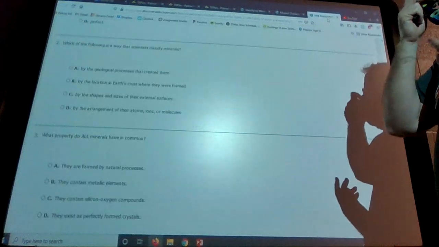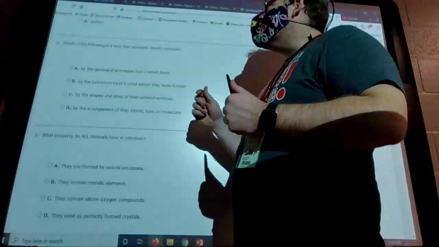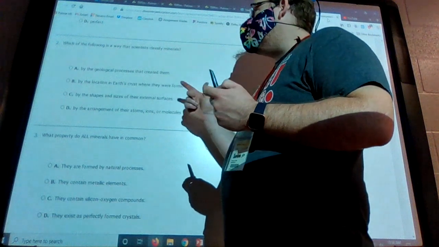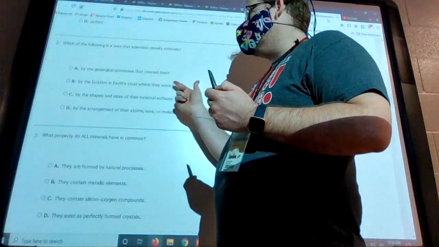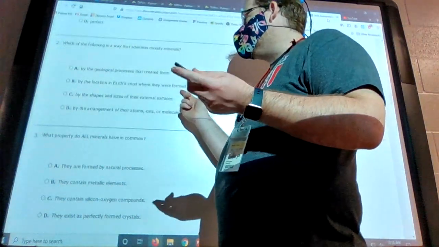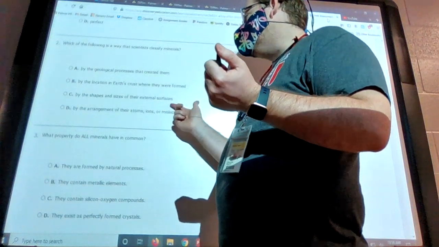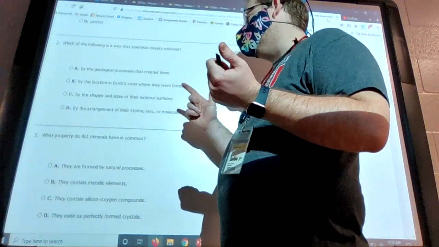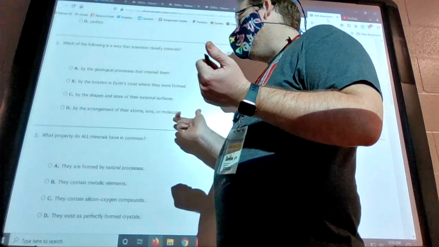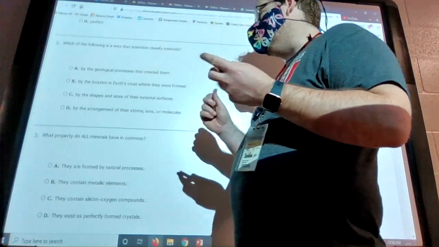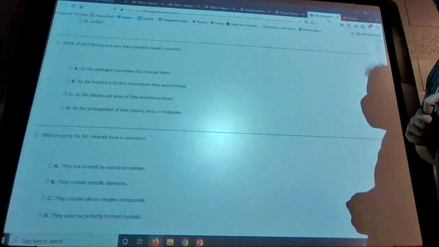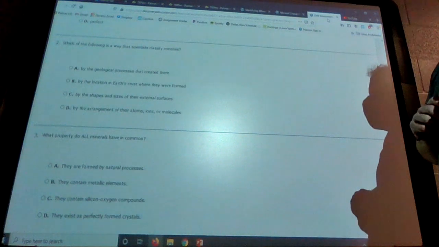So let's see what they have. In the following ways, scientists classify minerals by a geological process that created them, by the location in the Earth's crust where they were formed, by the shapes and sizes of their external surfaces, by the arrangement of their atoms, ions, and molecules. So you can look through these.